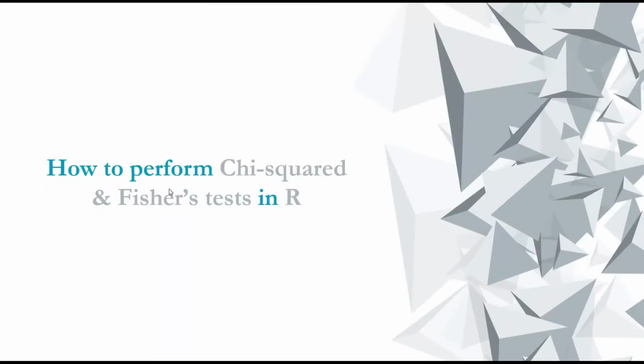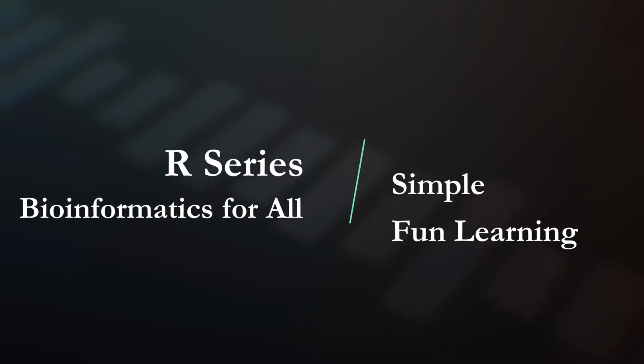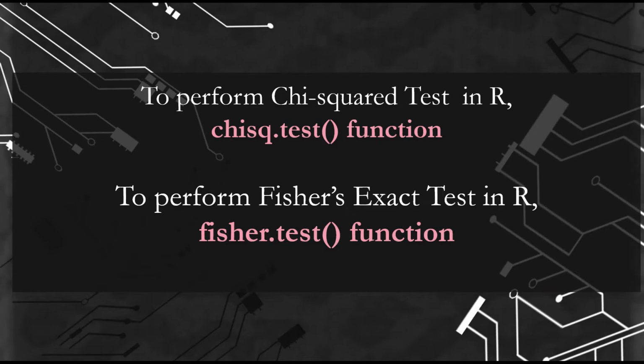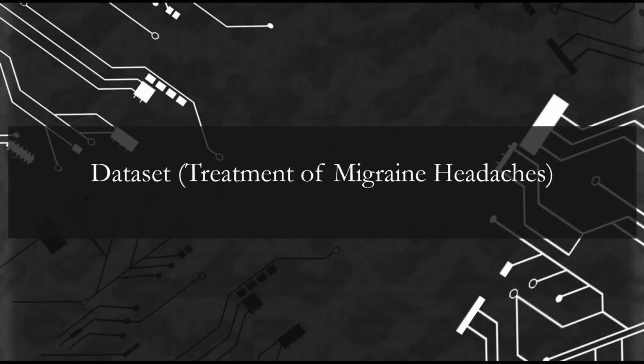Now let's learn how to perform the chi-square and Fisher tests in R. To perform the chi-square test in R, we need to use the chisq.test function. Similarly, to perform the Fisher exact test, we need to use the fisher.test function. First we are going to download a dataset from GitHub, treatment of migraine headache.